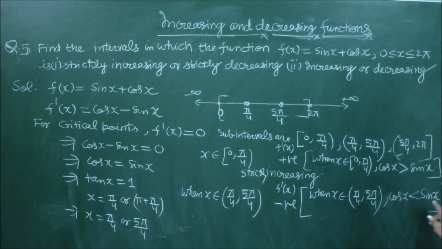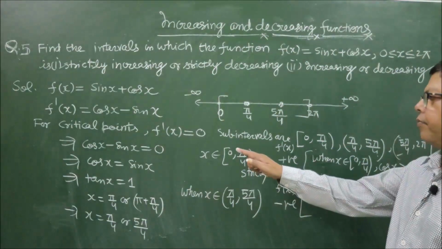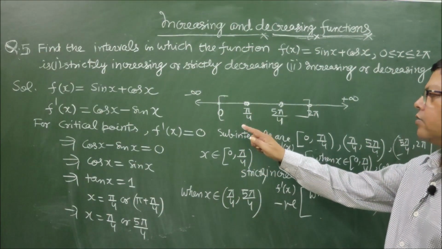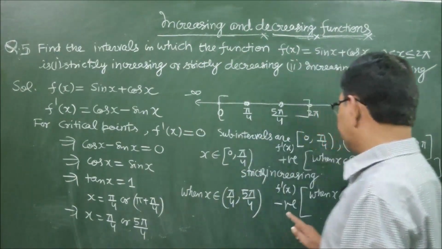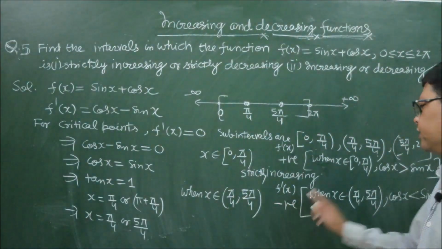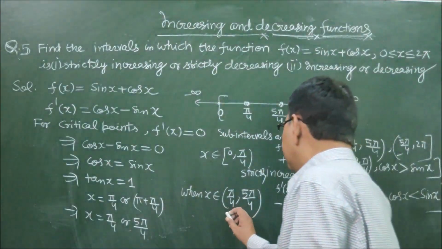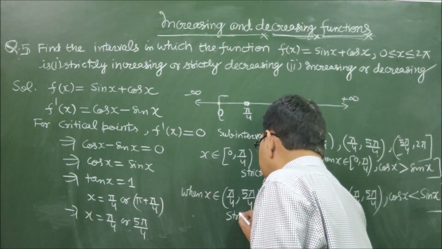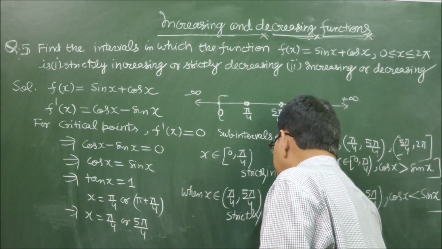So in this interval f'(x), which is cos x − sin x, is negative. So in this interval the given function is strictly decreasing.